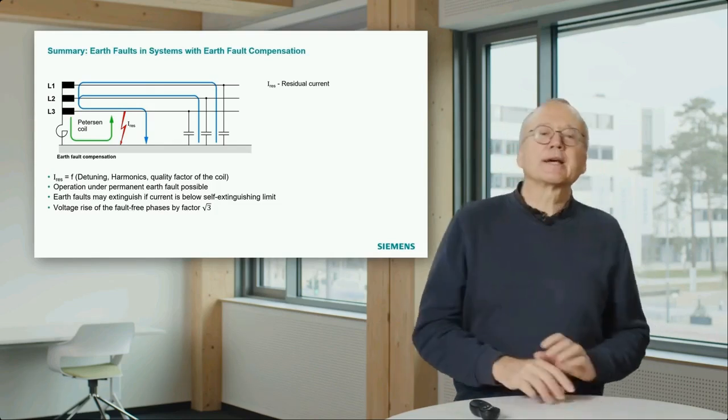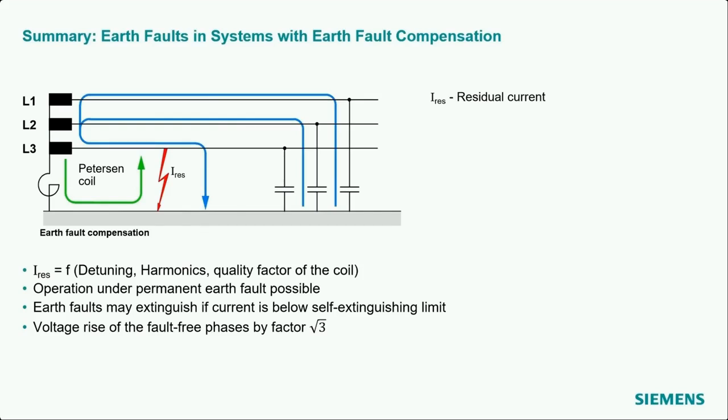What is also indicated in this picture, just to get a bit of an understanding of what's happening there, is an overlay of the previous thing in an isolated system, where you have the blue capacitive current we discussed. With the coil, we additionally get this green current.